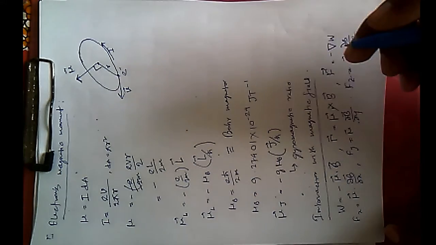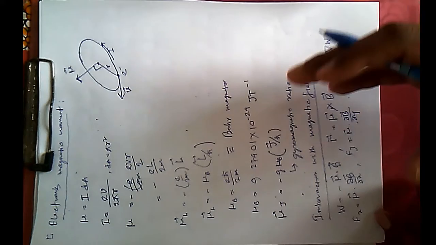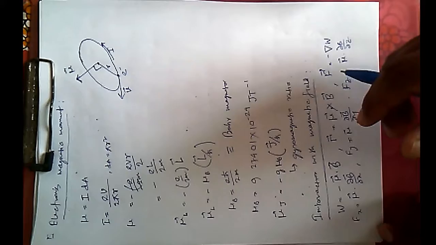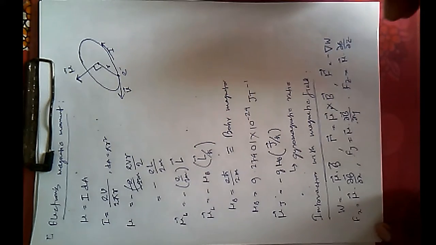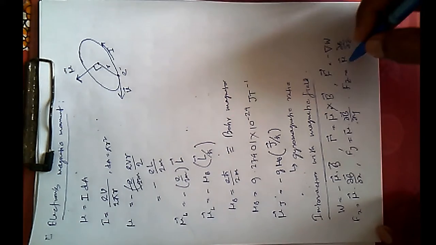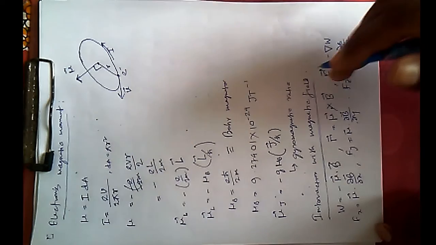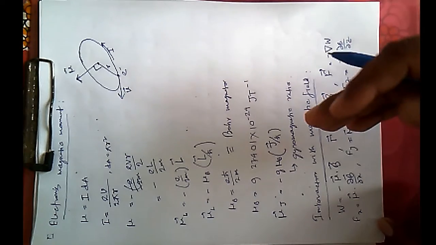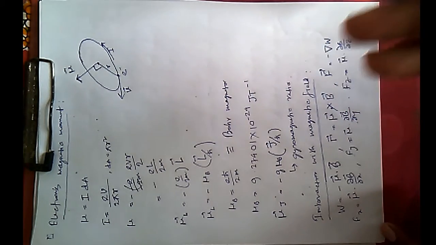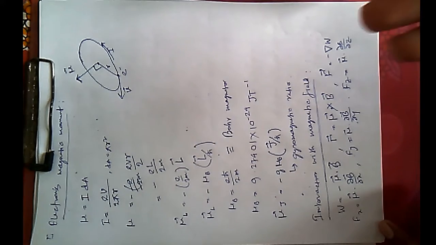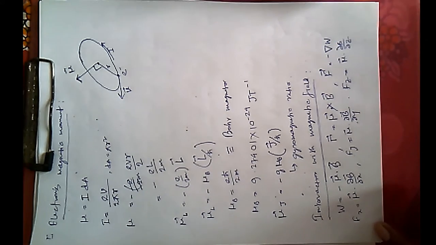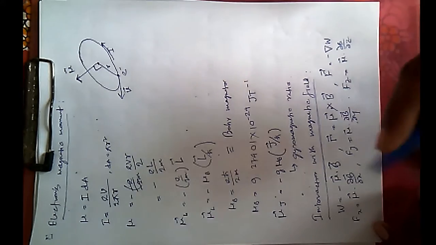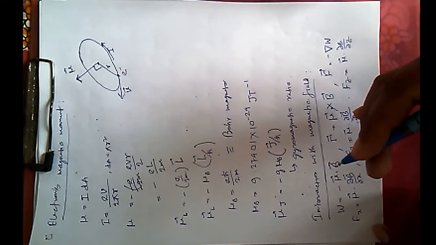Now one more physical parameter comes into action, called the Larmor angular frequency. What is that? If we put an atom or a moving charged particle with magnetic moment mu in a homogeneous magnetic field, what will happen?